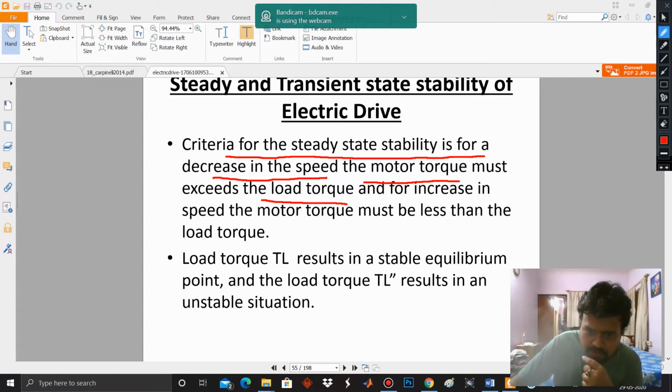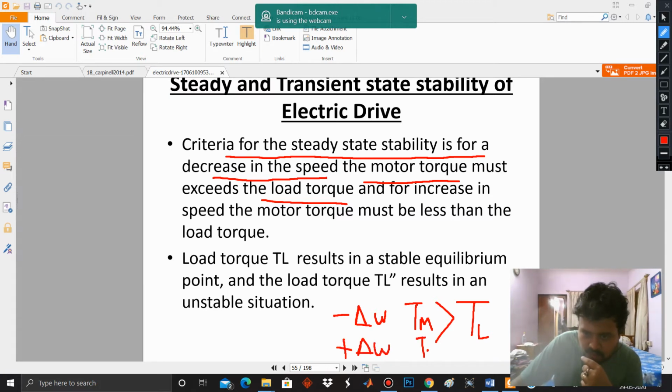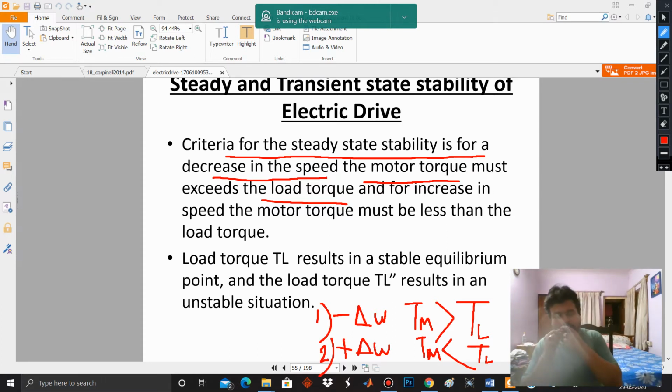So for a decrease in speed, the motor torque must be greater than the load torque, and for an increase in speed, the motor torque must be less than the load torque. So this is 1, this is very important, and this is 2.